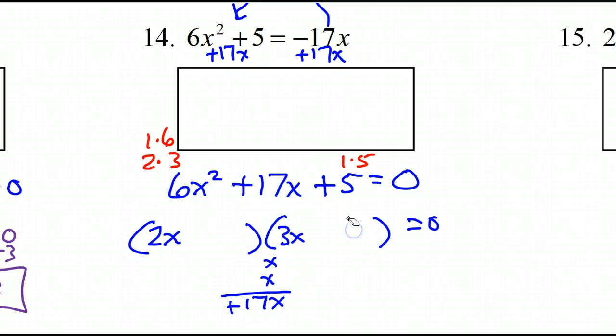So before I give up on the 2, 3, I will try simply reversing the 1 and 5. Try doing 5 and 1 instead. In this shape, inner, I have 15x. Outer, I have 2.